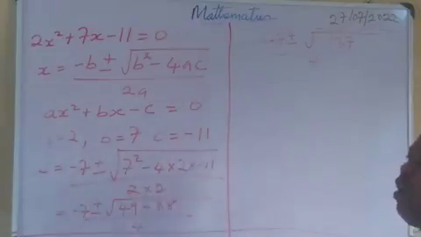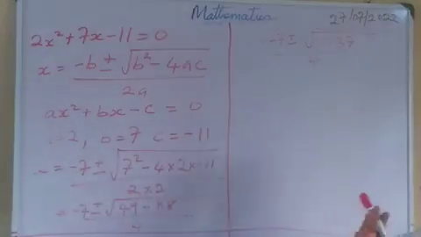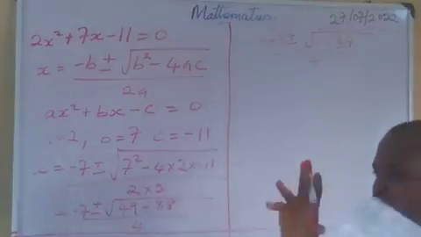Now, remember that when you want to solve a quadratic equation, that is to find the roots of your quadratic equation, you always have two roots. Every quadratic equation has two roots. That is what we mean by quadratic, 2.